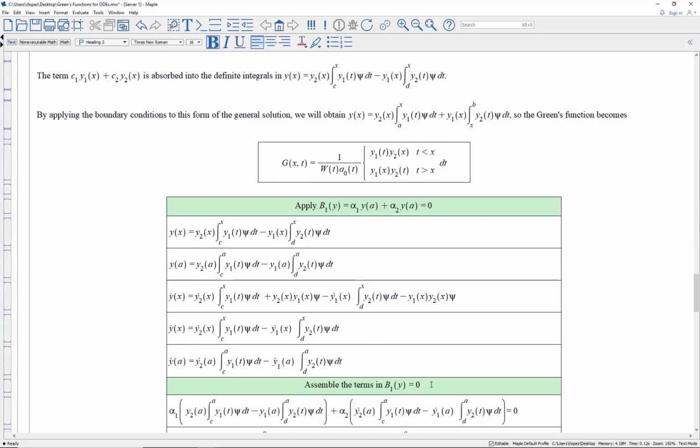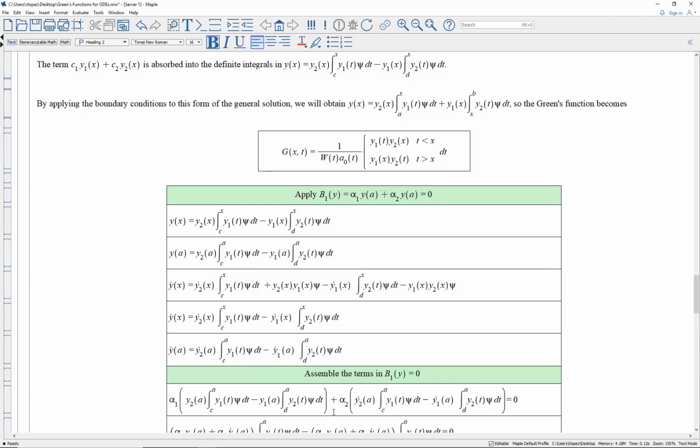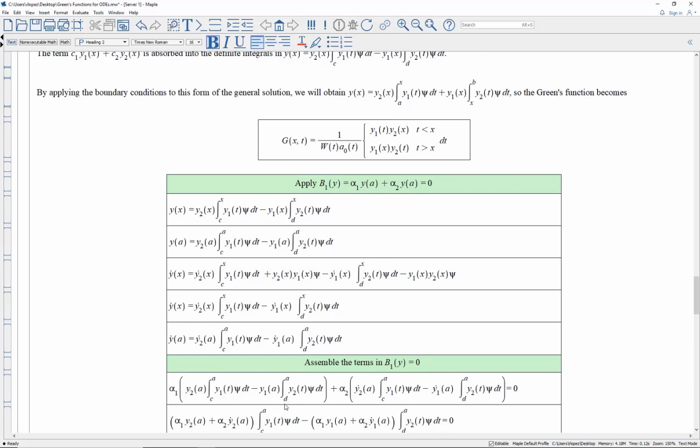If you put it all together in B1 y, here's your alpha 1 y at A. Here's your alpha 2 y prime at A. Rearrange the terms slightly. You have the integral c to A, and the integral c to A. Factor that out. That's here. What are its coefficients?